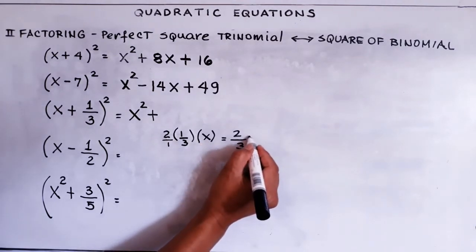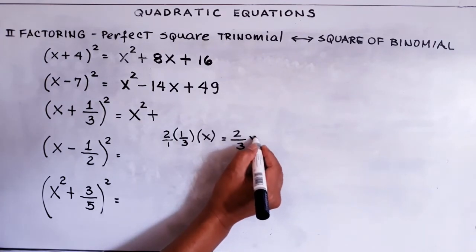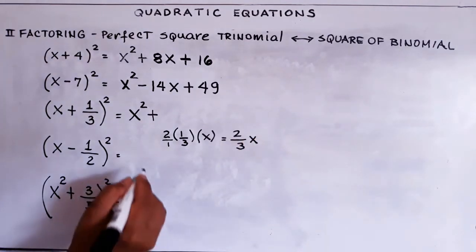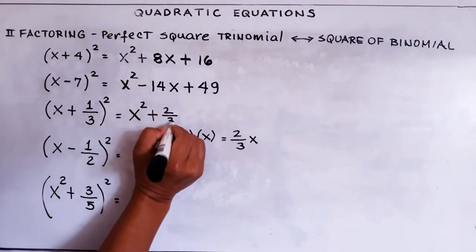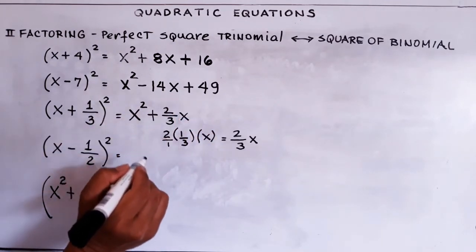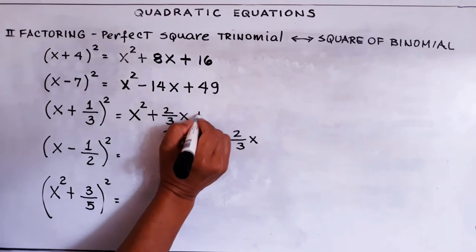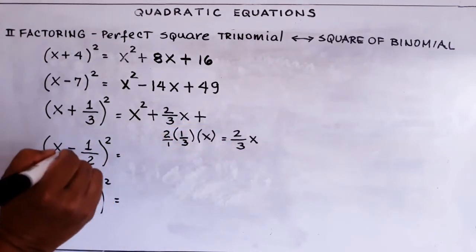You may put the x here or up, it's not down, so times x. So that is the middle term, 2/3 x. Okay, we put the x there, or there, 2x/3. And last is the sign of the last term, which is always positive.